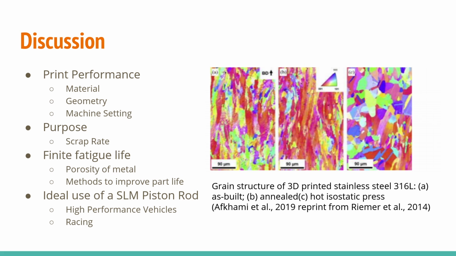An ideal use of an SLM piston rod like this would most likely be in a high performance vehicle that undergoes usual maintenance, because we do not have any method to ensure an endurance limit. So this would be great in a field such as racing.